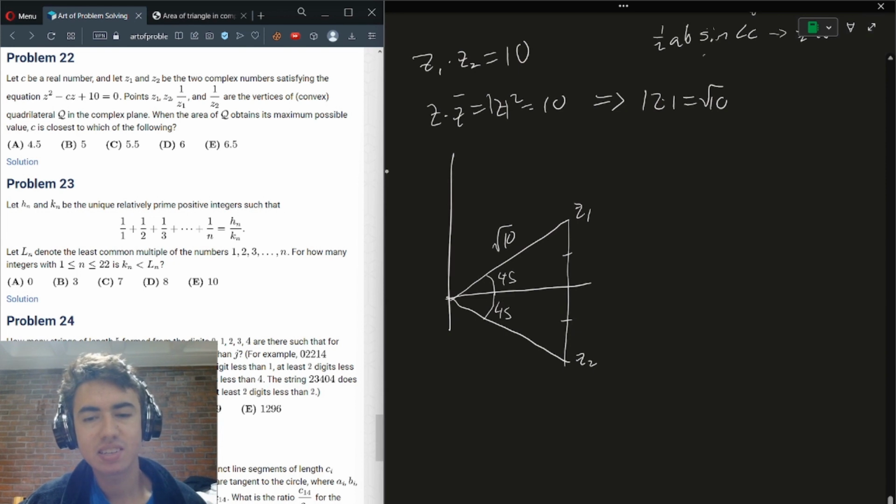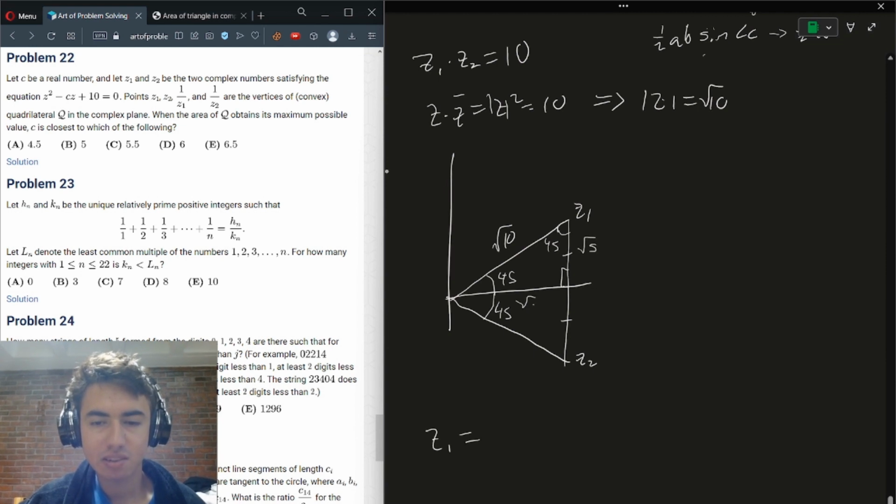So first off, z1, this is a right angle, so this must also be 45. And then we get, this is just square root of 10 over square root of 2, where this length is square root of 5, this length is square root of 5. So z1 is equal to square root of 5 plus i root 5, right? And z2 is equal to square root of 5 minus i root 5.